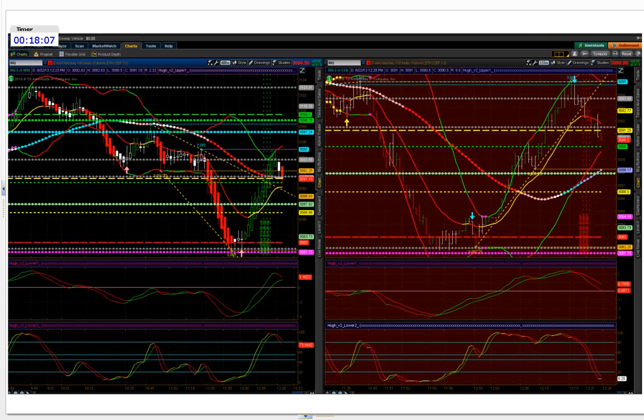Nasdaq trading being reset? Well, we're still getting data coming through here on the tick, so it's trading now.